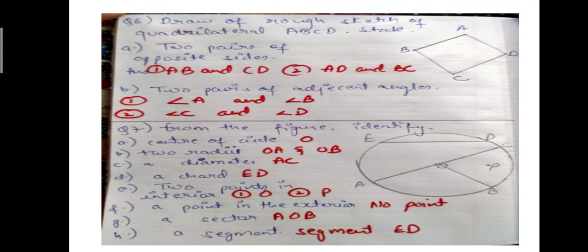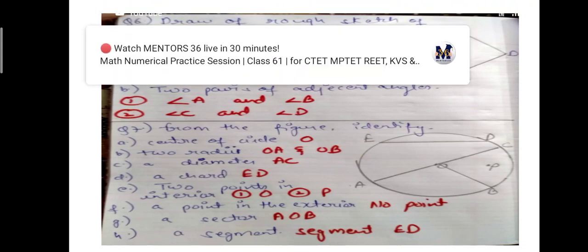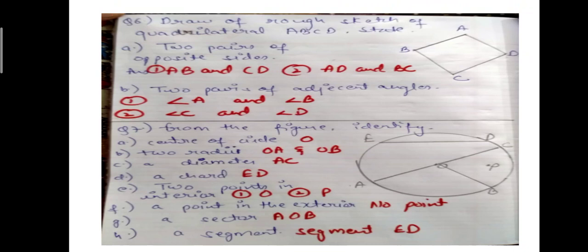Now in the next part we have to name two points in the interior of the circle. Circle के अंदर दो points हमें बताने हैं. So center is the one point which is lying inside the circle and point P is also lying inside the circle. Hence these two points are interior points. In the next question we have to find a point in the exterior.